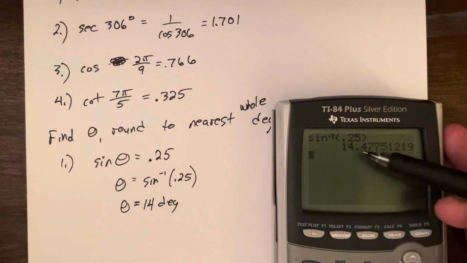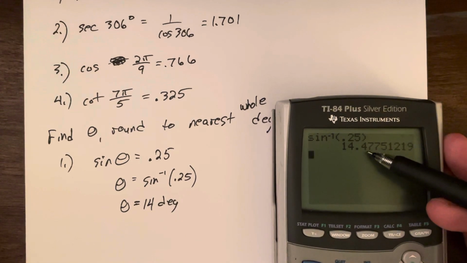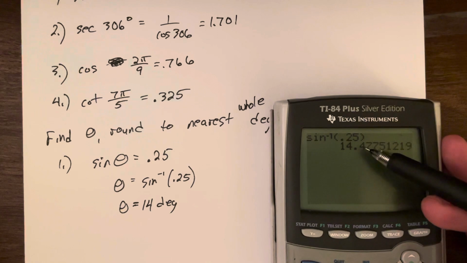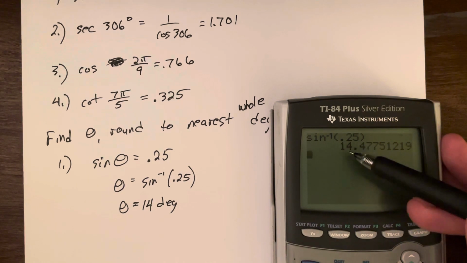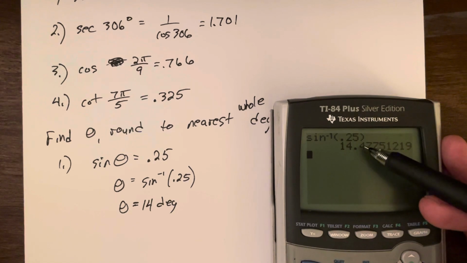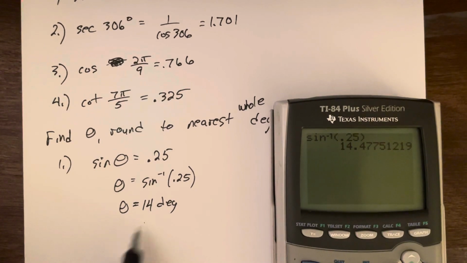Remember, if you're going to round to the nearest whole number, you're going to look at the first decimal. You always go one past, but don't double round. And what I mean by that, people go, oh, this is a 7, so this 7 should round this up to a 5, and now this is a 5, so round up to 15. That's 2 roundings, just do 1. That's a 4, 4 and below, we cut off. That's why the answer is just 14 degrees. That's it.